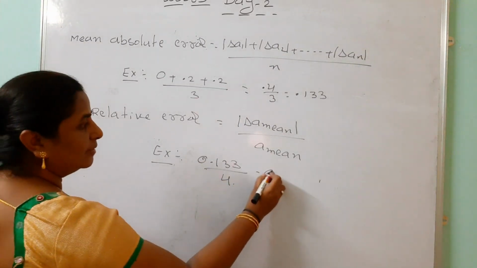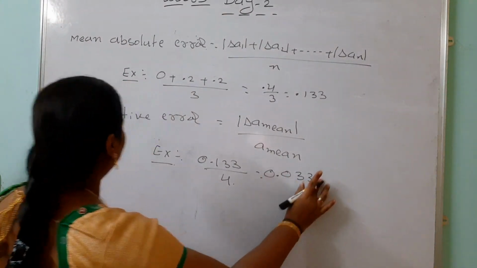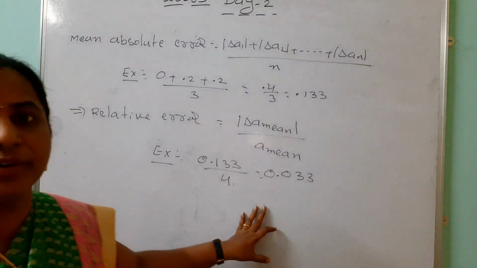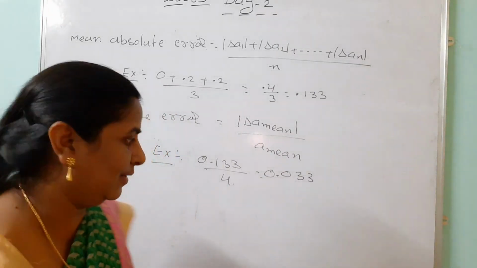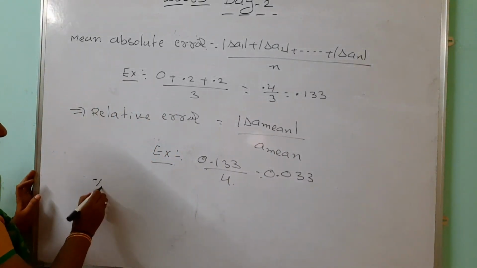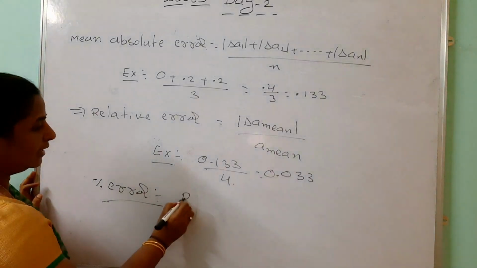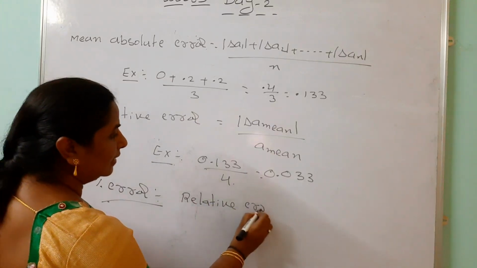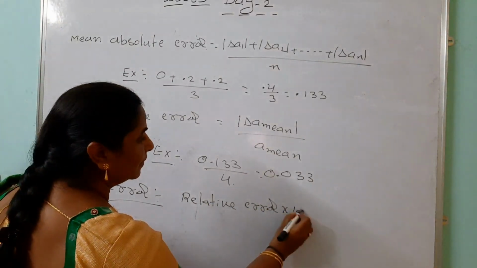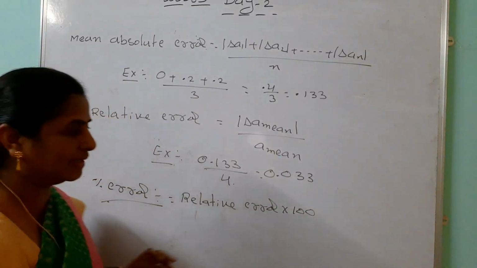When we do the simplification, we get 0.033, this is the relative error. When we know the relative error, we can also find out the percentage error. How to find out the percentage error? That formula is very simple. Relative error into 100. That is called the percentage error.